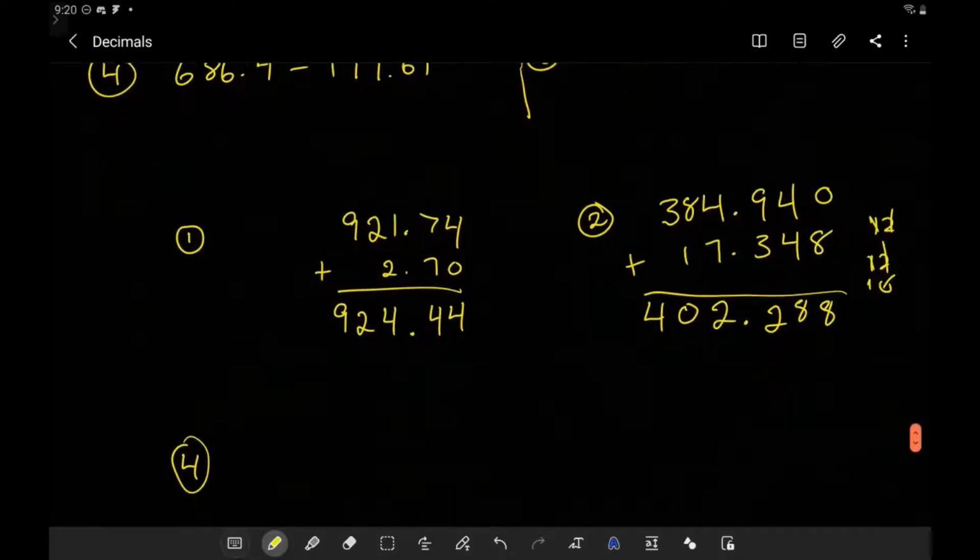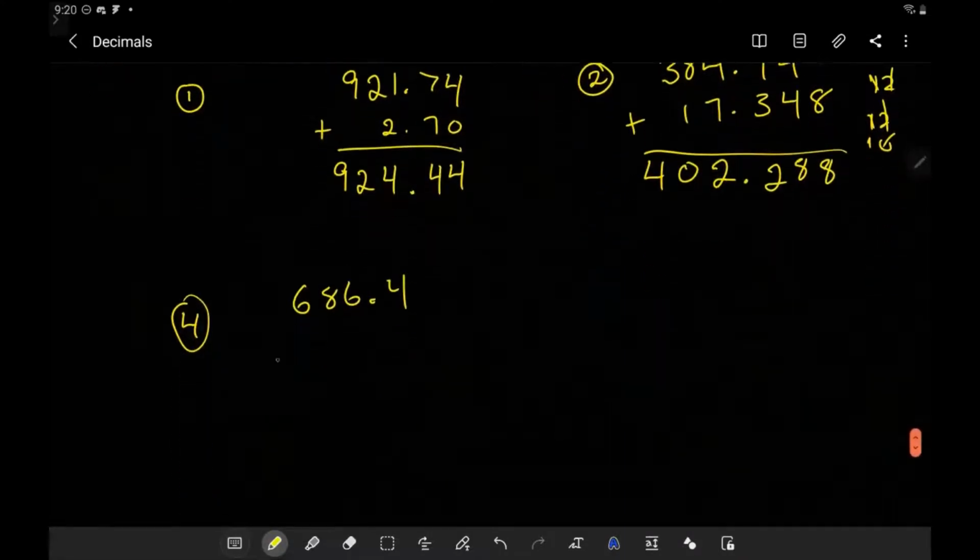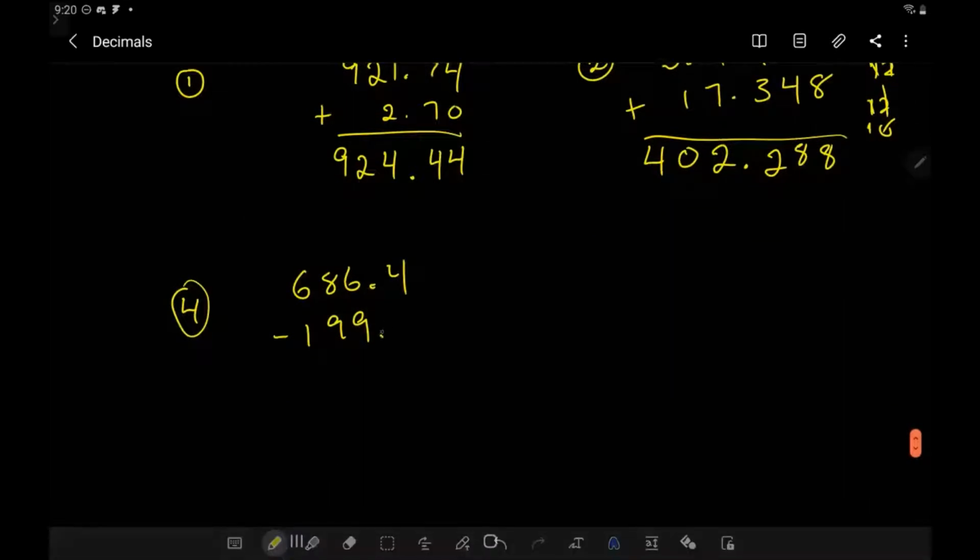686.4 minus 199.61. That's just like 40.